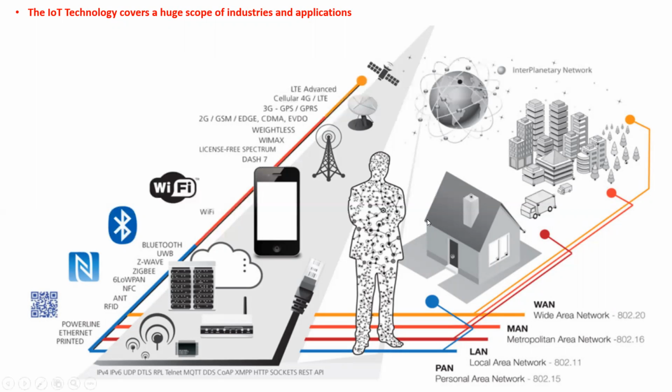There are also communication standards for wide area networks and metropolitan area networks. These different standards will be used in IoT technologies based on the distance and the need. We'll get into these in detail, and these are the protocols that are used.